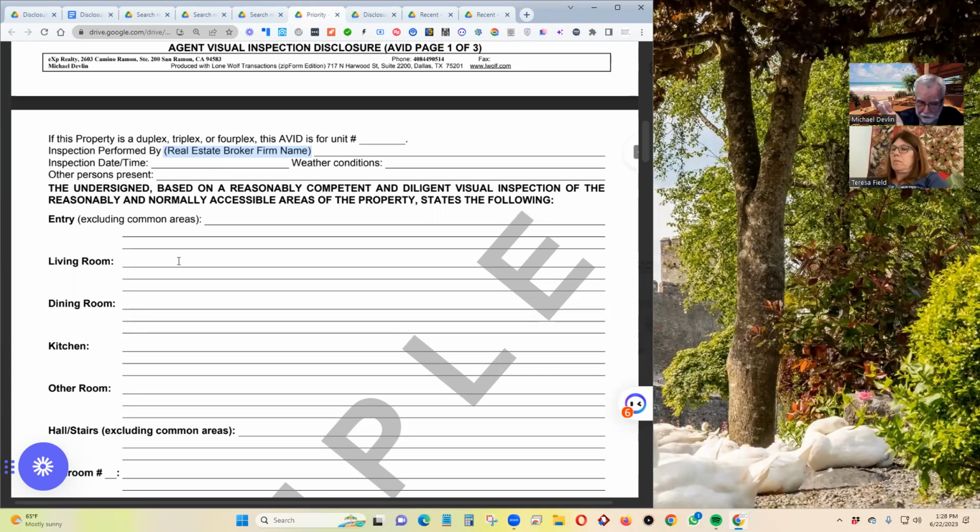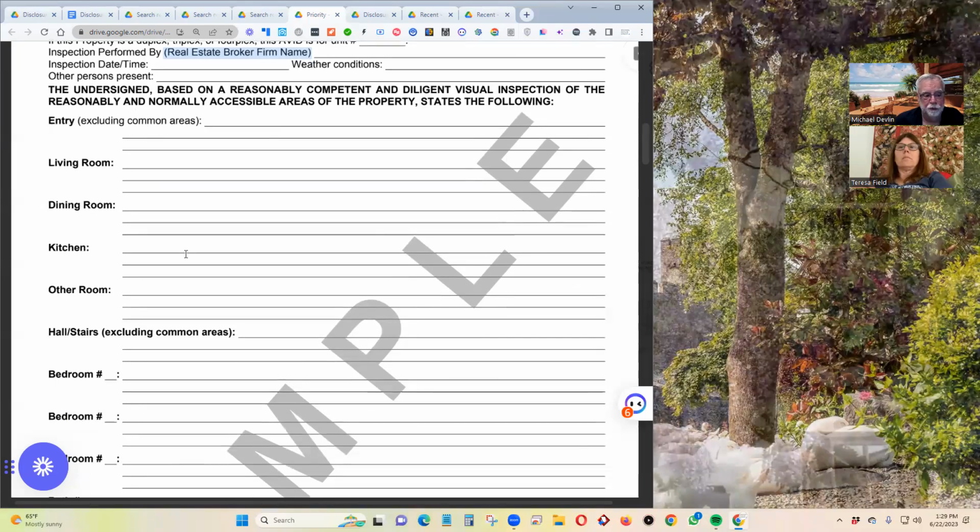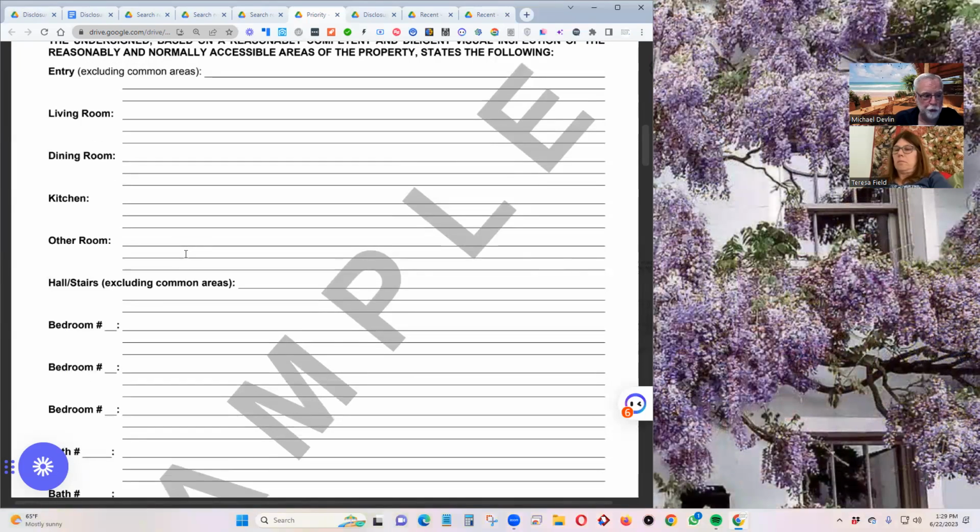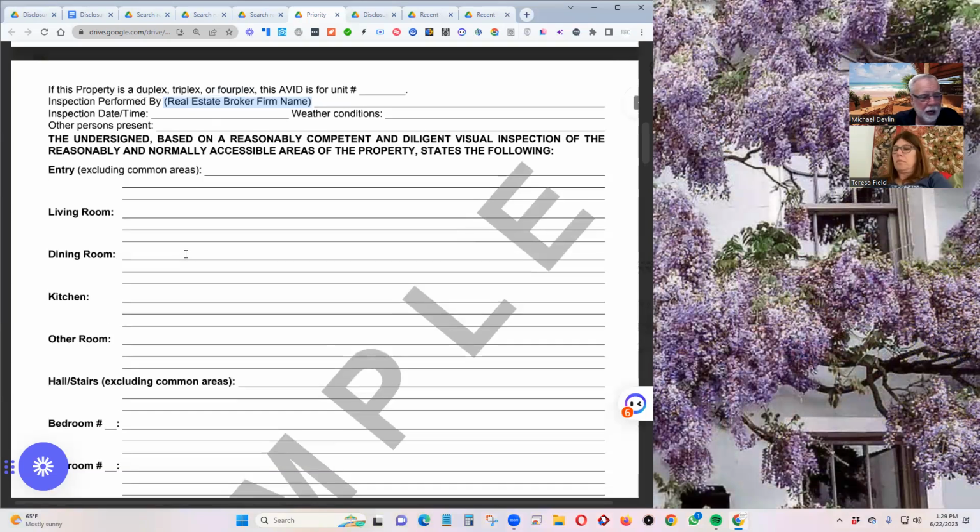Common areas is obviously like an HOA or that sort of thing. So we're looking at the entry. This means really specifically once you've opened the door and you've gotten inside. And if there's nothing to note, you put nothing noted. Living room, dining room, kitchen, other room. So just some comments about the kinds of things that you would note.